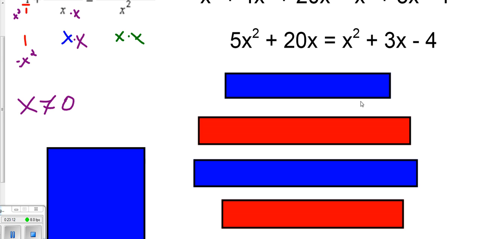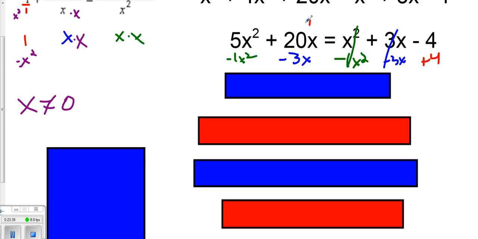minus 4. From here, we can start getting rid of a couple different pieces at a time. If we subtract 1x squared from both sides, minus 1x squared, that'll help get rid of this piece. We can subtract 3x, that'll get rid of this one, and then we will add 4 to both sides.